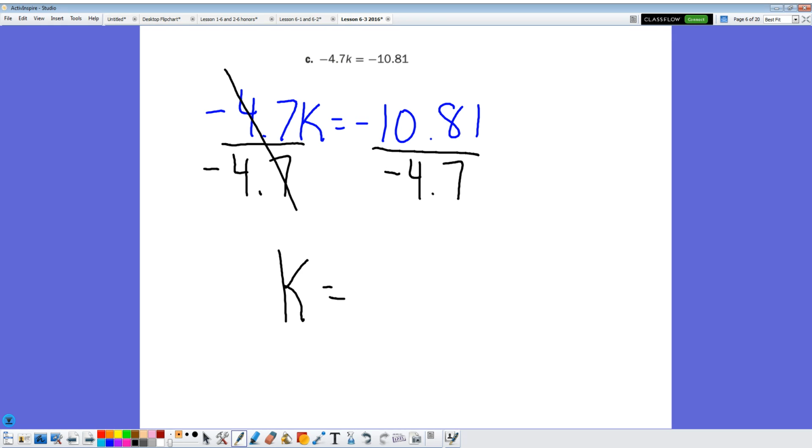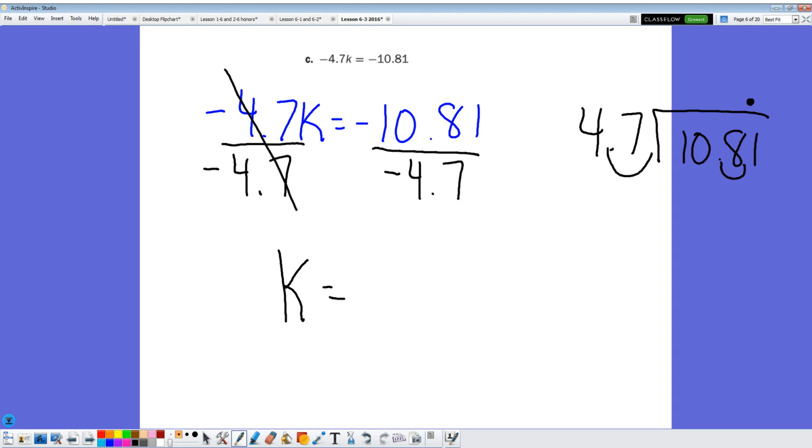A negative divided by a negative is a positive. And now I'm going to do 10.81 divided by 4.7. Going to move the decimal one place to the right. So my decimal's got to be there.